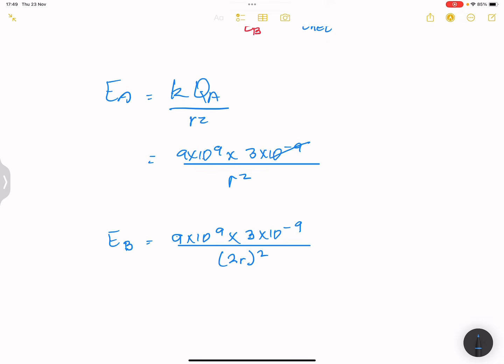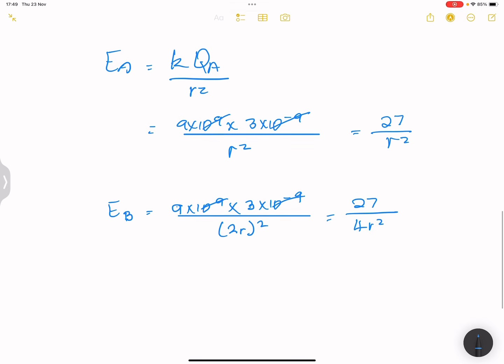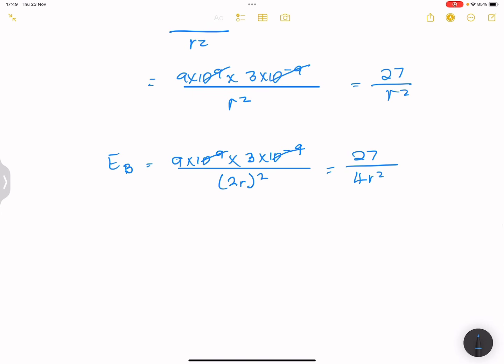So if you take this and that, they would actually cancel out and give us 1, and in this case we've got 9 times 3, which is going to be 27 over R squared, and here again we've got 27 over 4R squared. So remember, what did we have as E net?